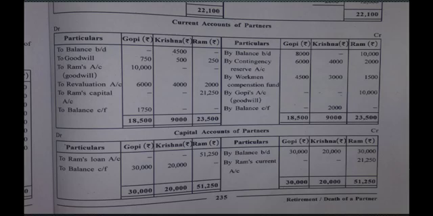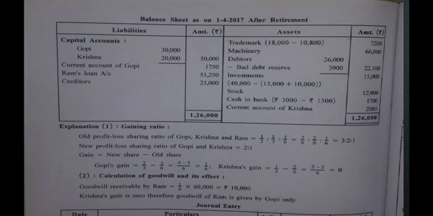About remaining two partners, obviously the closing balance of capital, you are going to do it the way you do in every sum. The closing balance of capital is 30,000 and 20,000 respectively, which is to be transferred in new balance sheet. Yes?